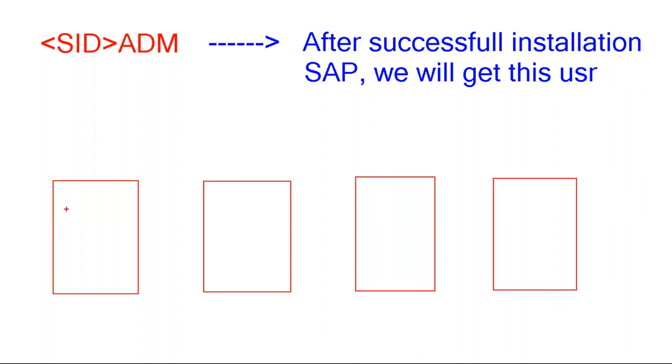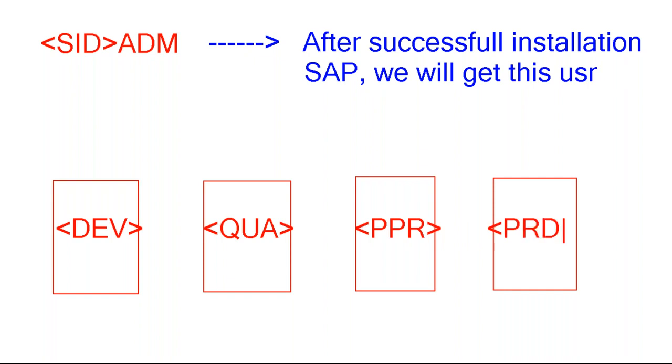This is the system ID: DEV, this is QA, this is pre-production, and this is production, PRD. This is called the system ID.